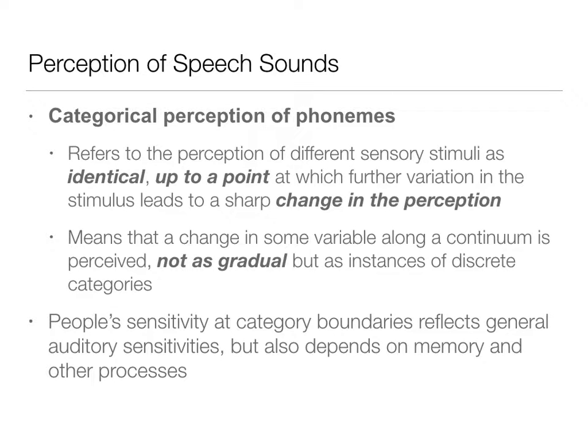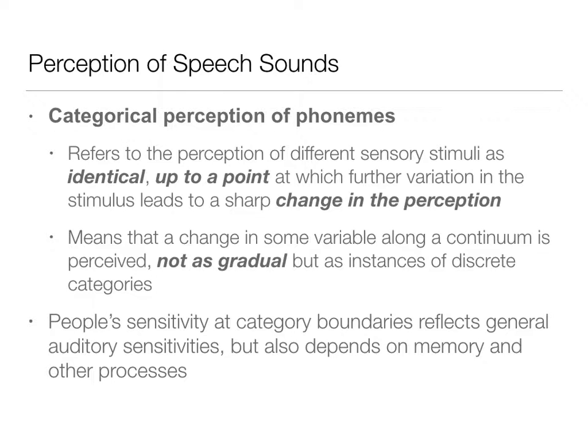And these category boundaries really reflect general auditory sensitivities, but also employ things like memory and other processes. So these are going to function bottom up, like those auditory sensitivities, such as voicing, but it's also going to be affected top down based on memory and other processes.